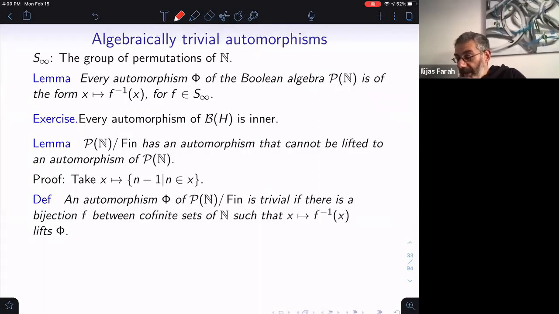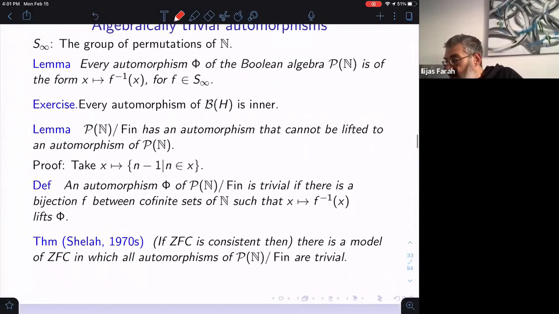Okay, so the right definition here is that an automorphism of P of n mod finite is trivial if there is a bijection f between cofinite subsets of natural numbers with the property that x goes to f inverse of x lifts phi. And these are exactly those almost permutations from the Alperin, Covington, McPherson theorem.